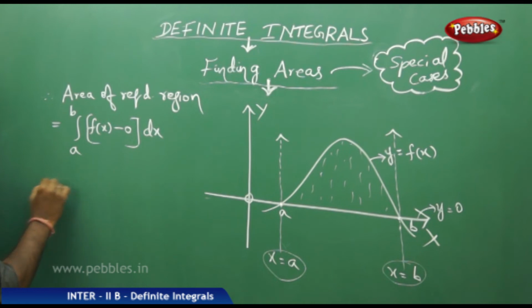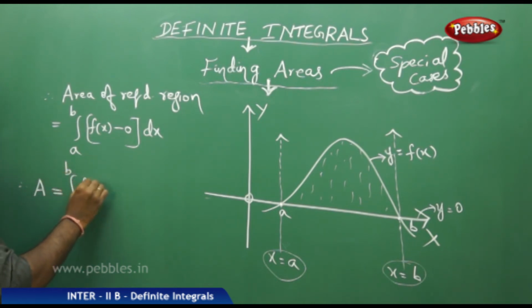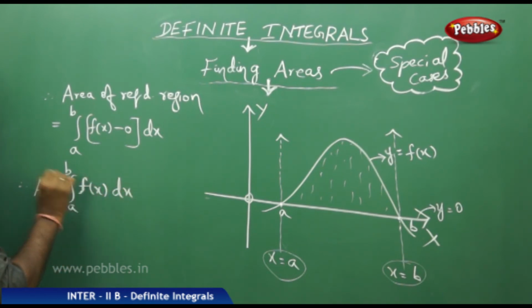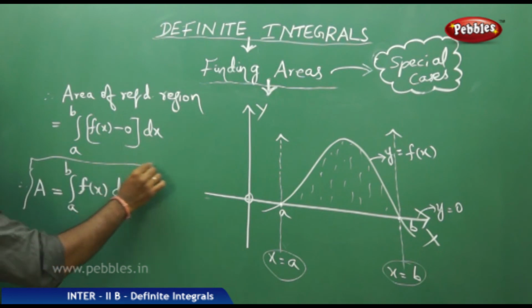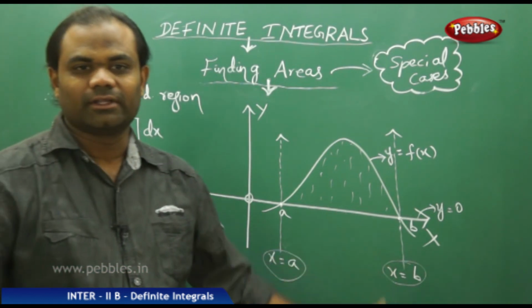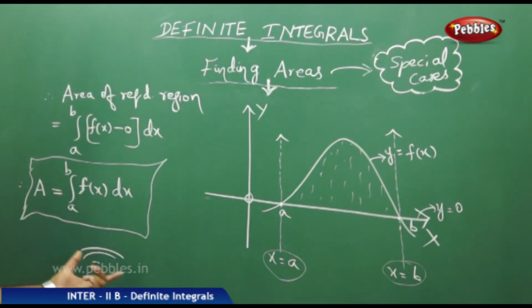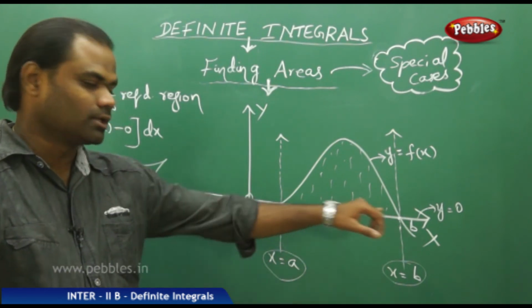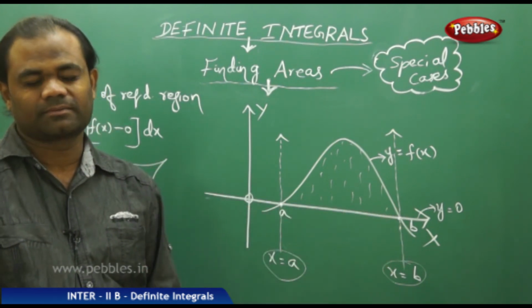That implies the area is integral a to b f of x dx. This is how we identify the formula for the area of the shaded region using the bounds, indirectly using the x-intercepts.